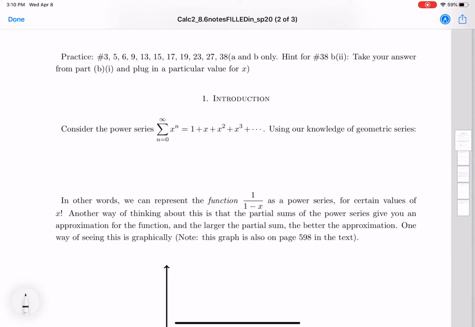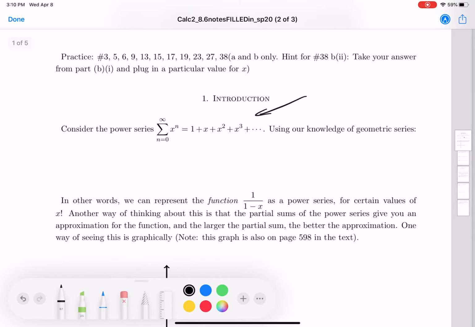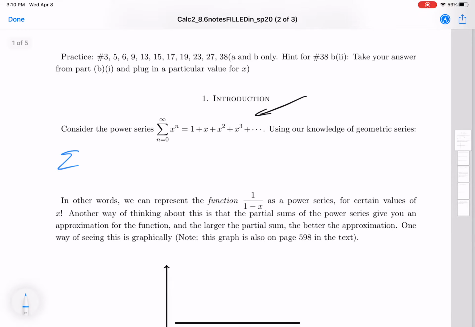So we start off with this particular power series, which is just the sum of x to the n power. And from our knowledge of geometric series, this is like the sum from n equals 0 to infinity of 1 times x to the n. That 1 is our a, that's going to be our first term.